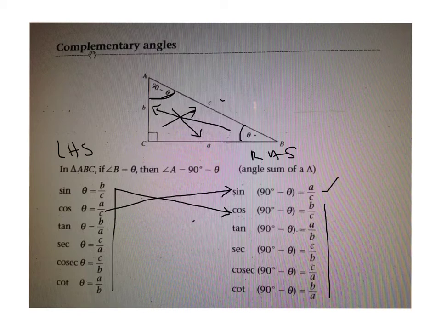And we can keep on going. So if I look at tan theta, which is little b on little a, it is the same as cot 90 minus theta. Sec theta, little c on little a, is the same as cosec. Okay, and so on. You can finish that off when you have a look.